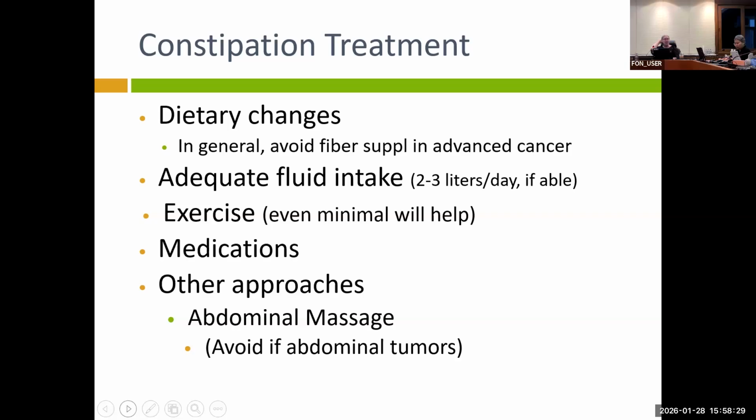Exercise, even a little bit, will help. And then if you need to, use medications and sometimes other approaches, for example, an abdominal massage, to kind of move it along. Yeah, it works quite well. But again, if you have abdominal tumors, you can't do that.